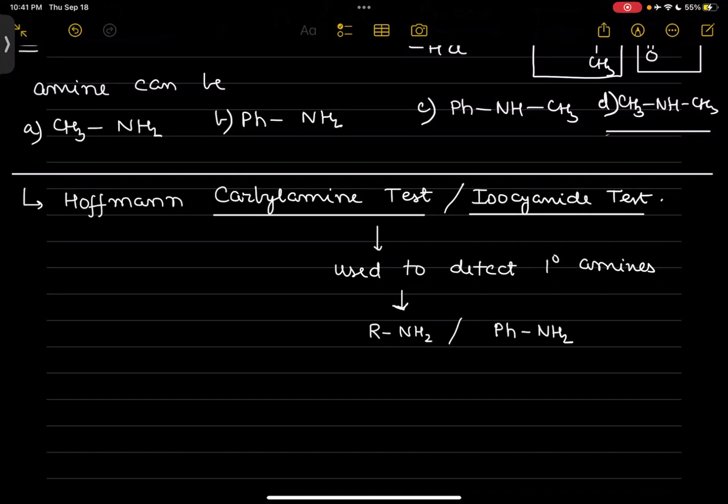And how are they detected? What's the evidence for this reaction?